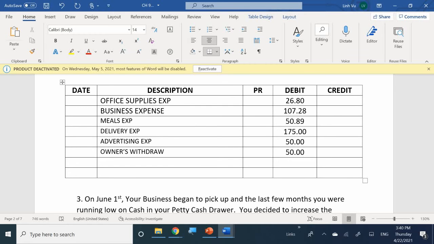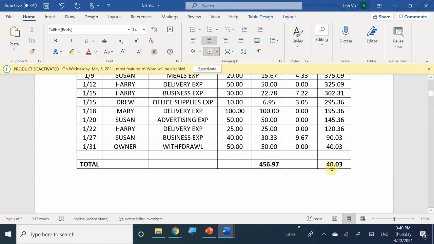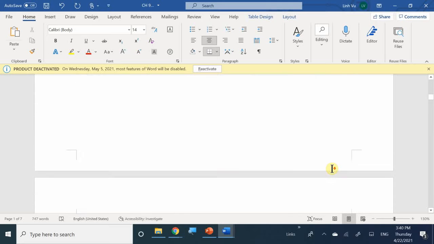Now go ahead and calculate this grand total. What was the total amount of expenses you encountered? I totaled it at 459.97.